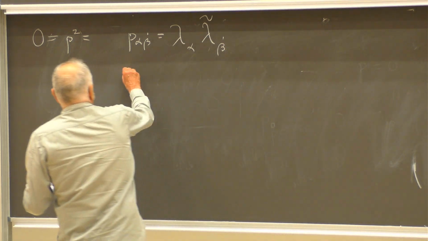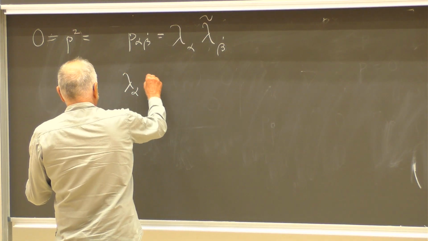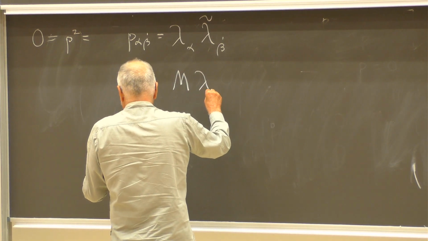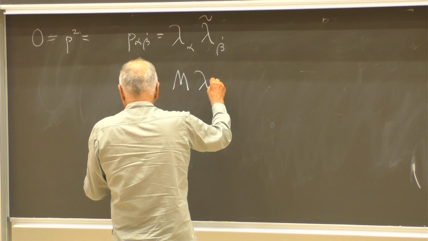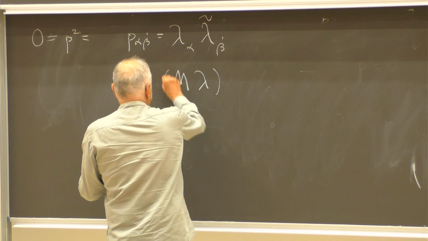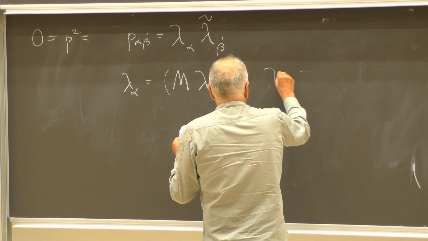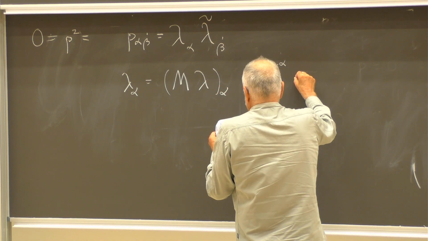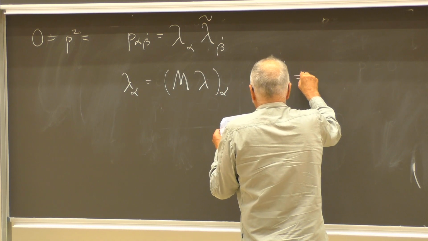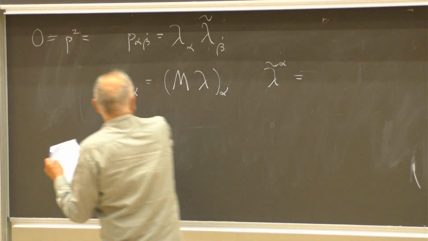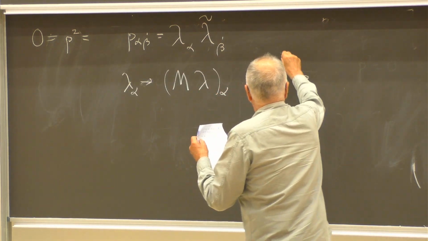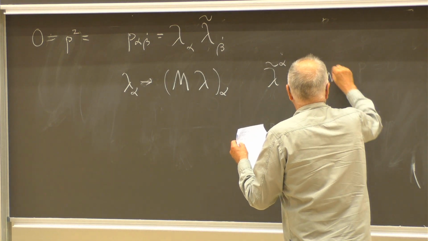Now, under Lorentz transformations, for those particles, one of them will transform with matrix M, and another one will transform with another matrix, which I call M tilde.